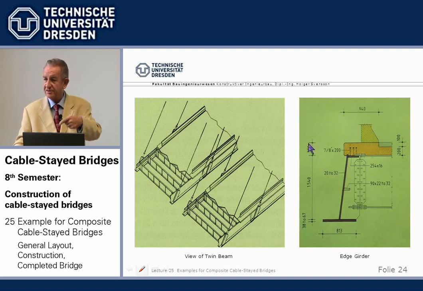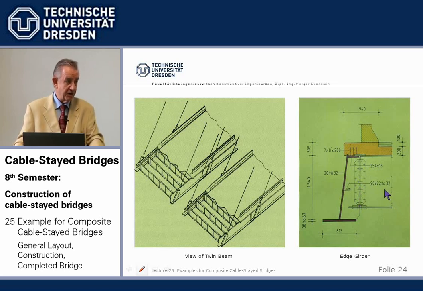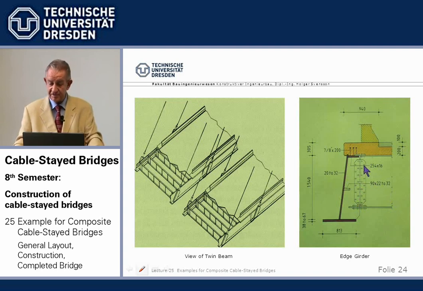That's how these strange millimeters come, because we have converted it. We have then, this is welded in shop, the stiffener here, but the connection to the cross girder is done on site, so it's bolted, cover plates and high strength bolts.